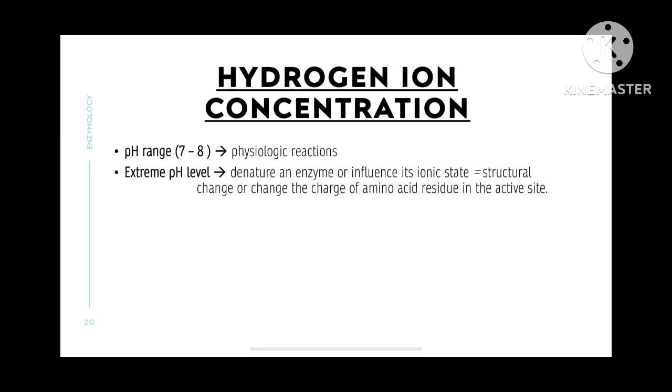Hence, each enzyme operates within a specific range and maximally at a specific pH. The most physiologic enzymatic reactions occur in the pH range of 7 to 8, but some enzymes are active in wider pH ranges than others.